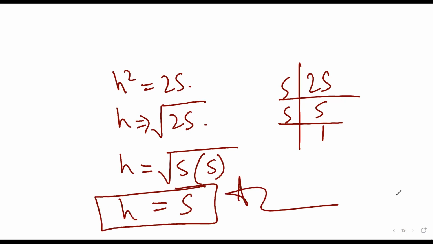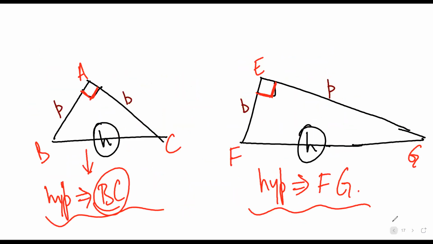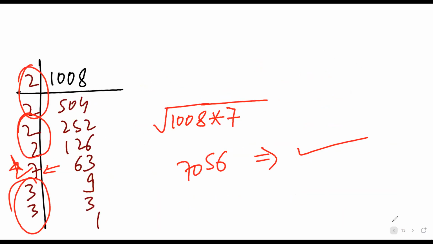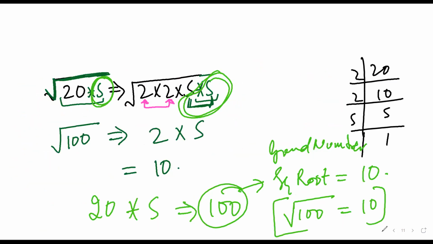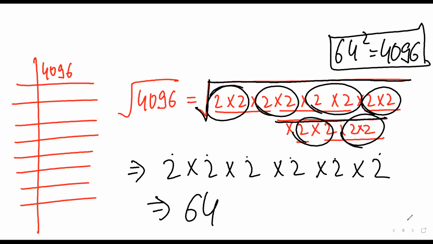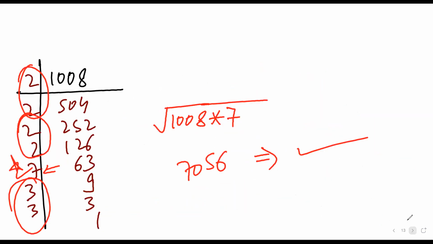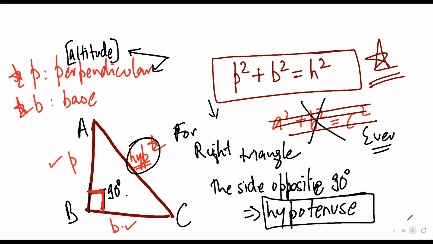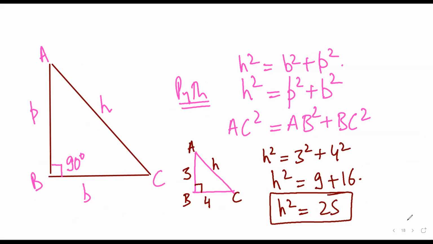So that is why we had started with this square root. This is what we have done in the previous lecture. Because when you are doing Pythagoras, you will be requiring square roots in every question.